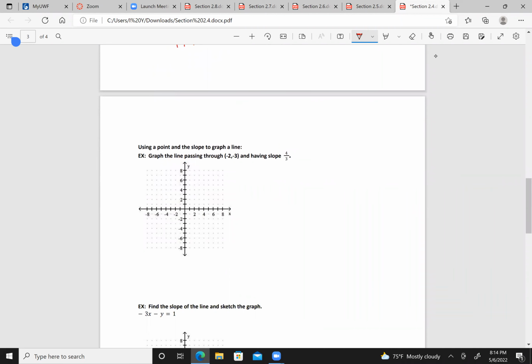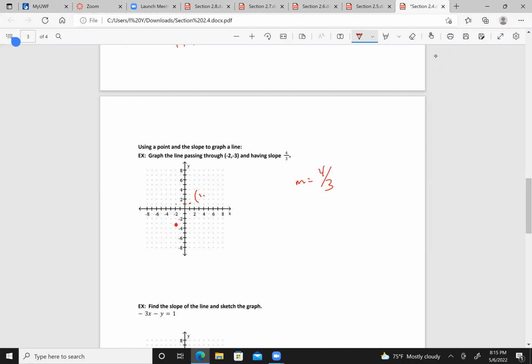So now we're going to use a point and a slope to graph a line. The slope is 4/3. We have the point (-2, -3). Now we have a rise of 4, so we go up 4, which puts us here, and a run of 3. 1, 2, 3.